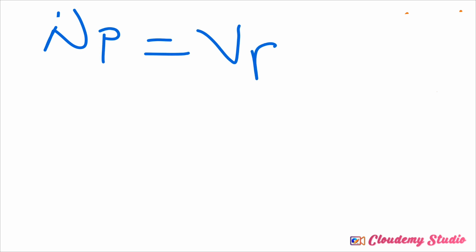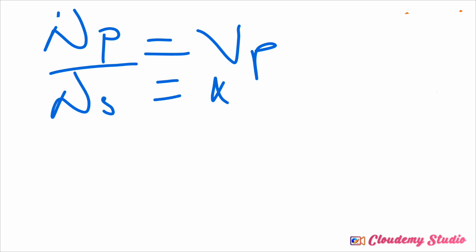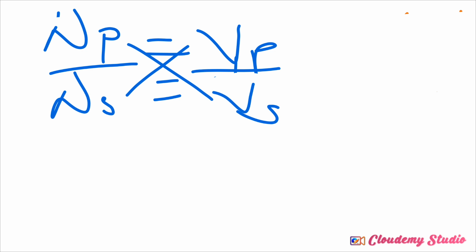So from here, we'll say the number of turns in the primary over the number of turns in the secondary is equal to the voltage in the primary over the voltage in the secondary. Then we do the multiplication here. All we want is to find this one.